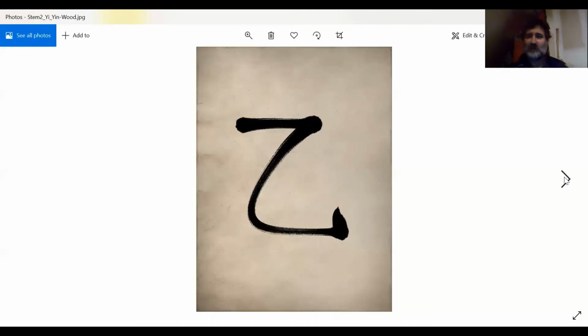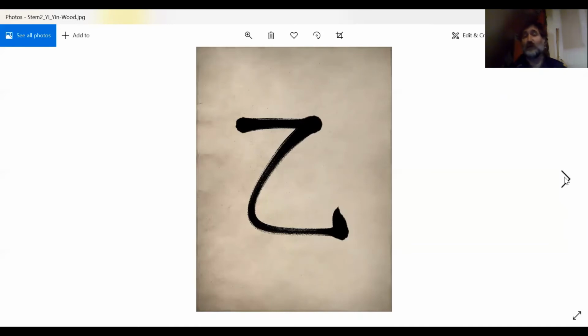Next, we have yin wood. So wood is not only assertive, wood also yields. A blade of grass, so soft, so gentle. A flower petal, beautiful and peaceful.